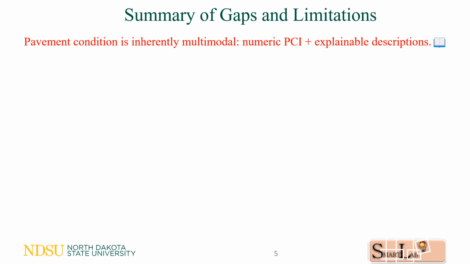Now, let's give a summary of the limitations of the automated approaches that we talked about. The problem is existing machine learning or deep learning approaches, such as classification, object detection, and segmentation approaches, all give out numeric outputs.